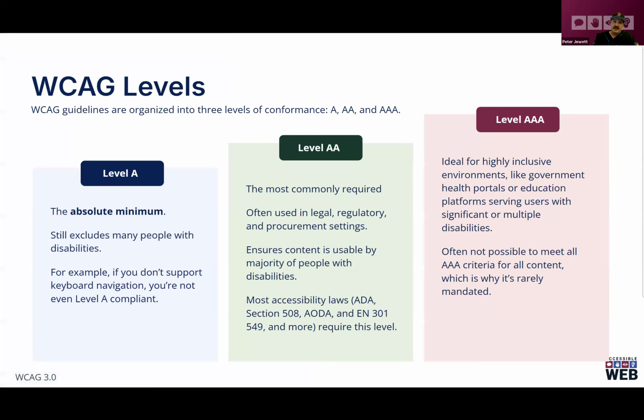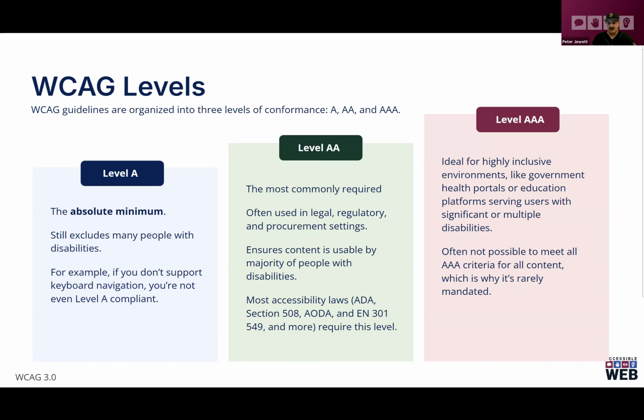There are 3 current levels of WCAG. Level A is the absolute minimum. Content's accessible to some users, but still excludes many people. For example, if you don't support keyboard navigation, you're not even level A compliant. Level AA is the most commonly required standard. This is often used in legal, regulatory, and procurement settings.